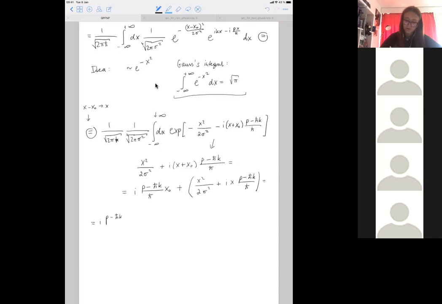The first component in the expression stays, and this component we can write as x squared plus 2 sigma squared i x p minus hk over h, over 2 sigma squared. And now we just have to add the component here, which would complete this part to be a full square.